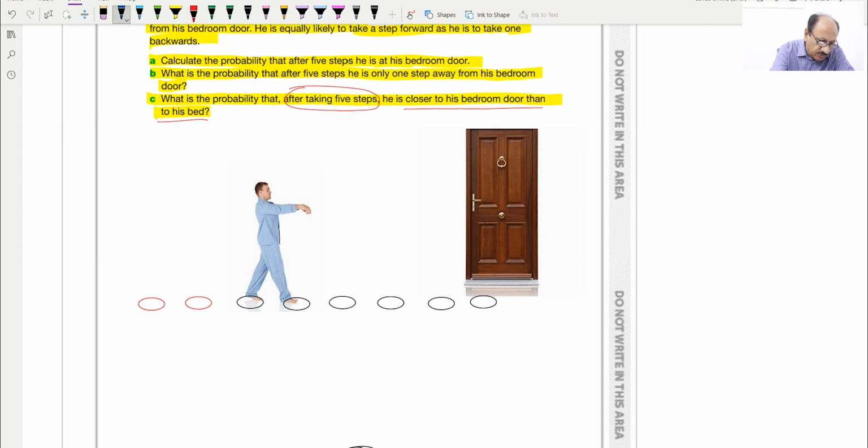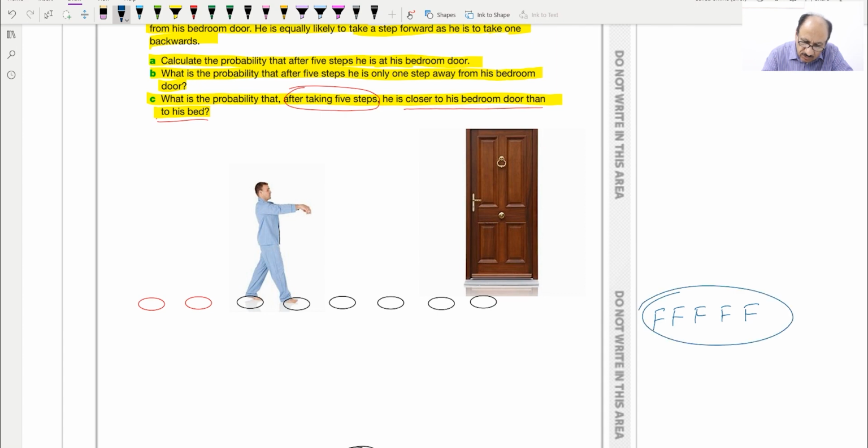The first situation we will discuss is that he takes all 5 steps forward, 1, 2, 3, 4, 5 steps, and he is closer to the door. I'm writing this situation here: forward, forward, forward, forward, and forward.